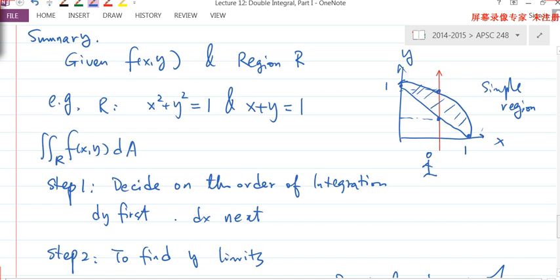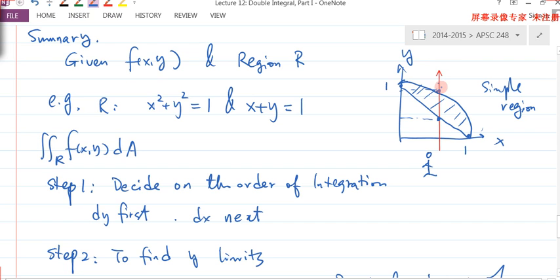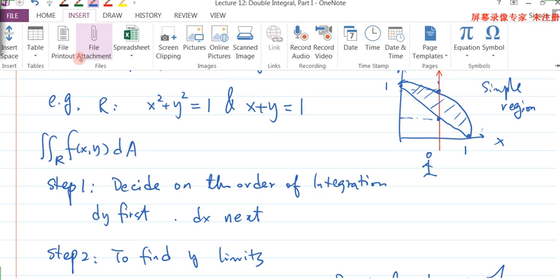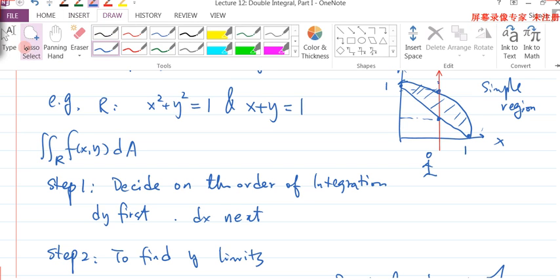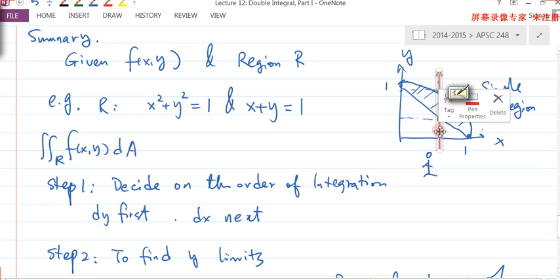So in my case, we're going to sweep this thing right across this region R. You sweep from this end to the other end and find the x min value and x max value.